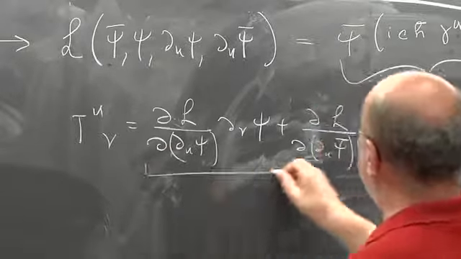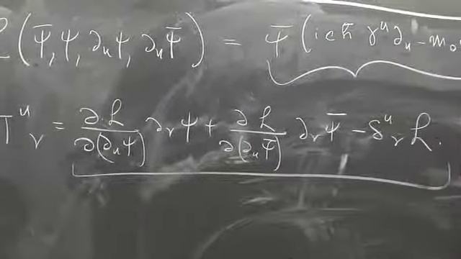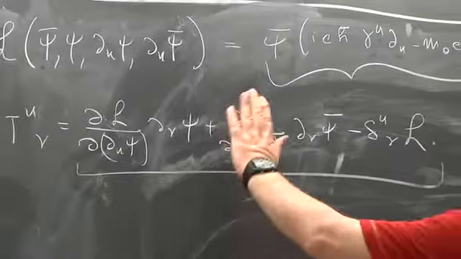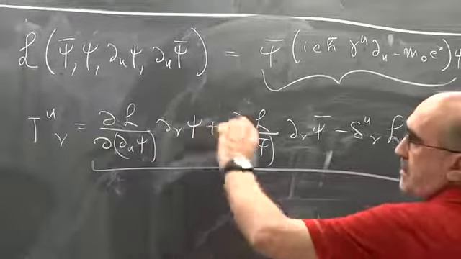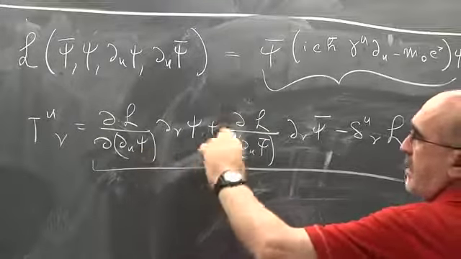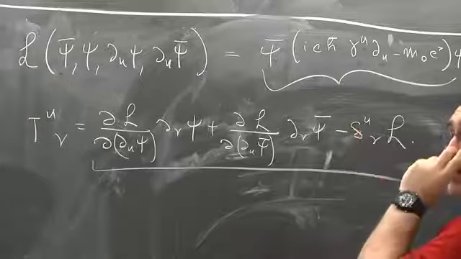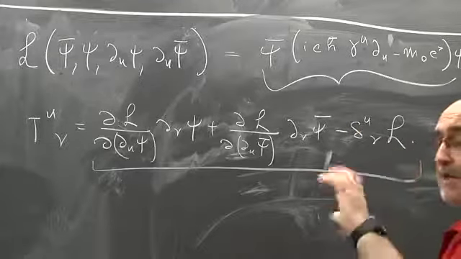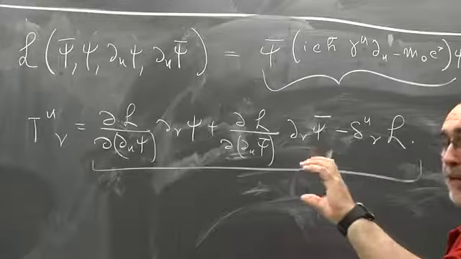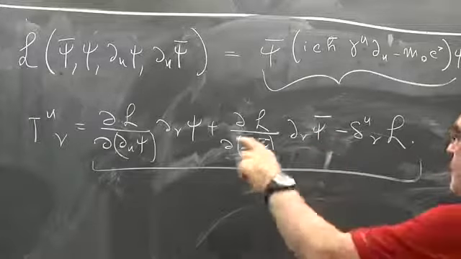That is the usual definition as we did with the Klein-Gordon. With the Klein-Gordon there was only this piece, where this was a psi, this was the derivative. Now we have another piece. Why? Because the degrees of freedom are 8, but we have collected them together into psi and psi bar, so in 2.